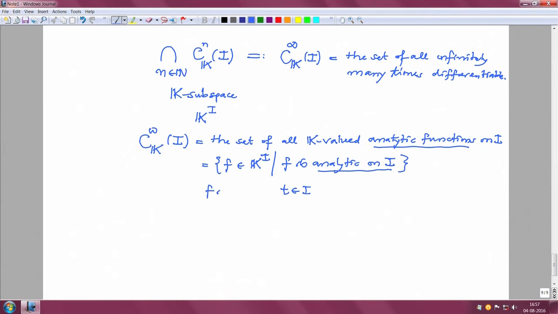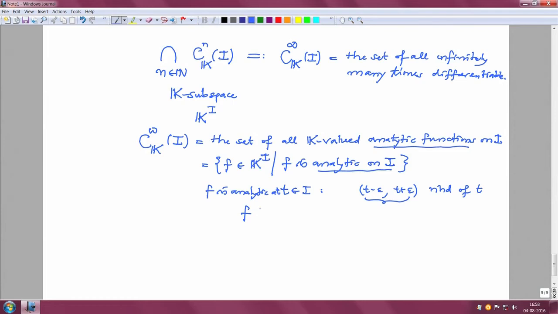F is analytic at t means that in a small interval around t, from t minus epsilon to t plus epsilon, which is a small neighborhood of t, f should look like a power series function.